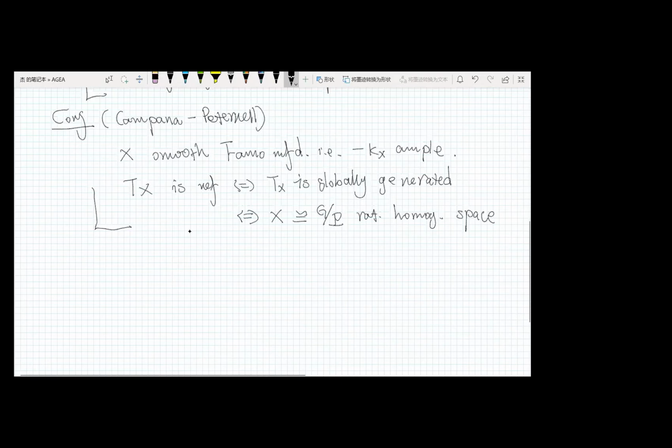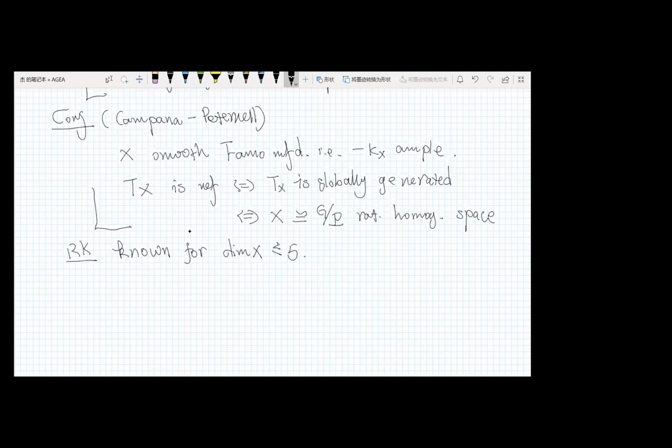This conjecture is still largely open. In the general case, it is only proved in lower dimension, I guess for dimension of X at most 5.